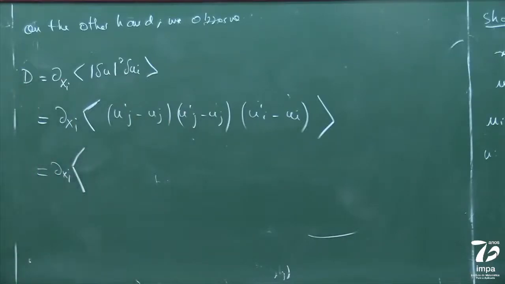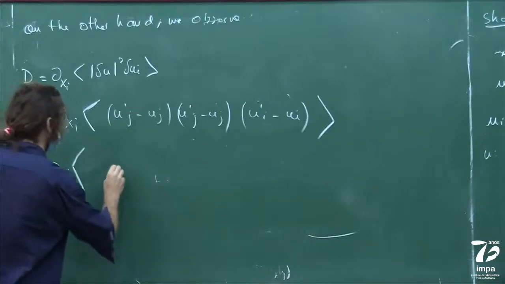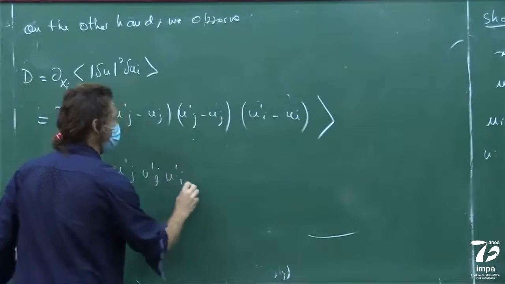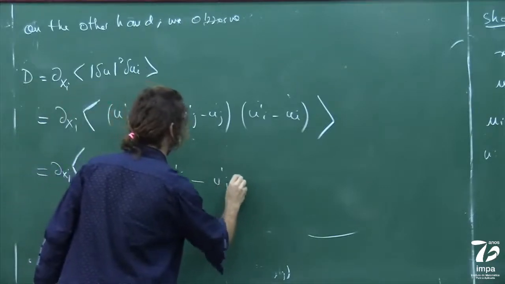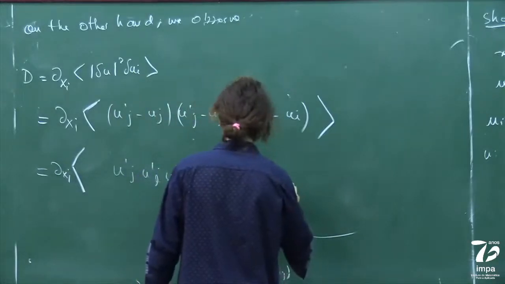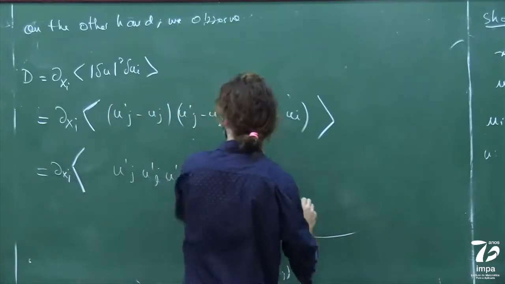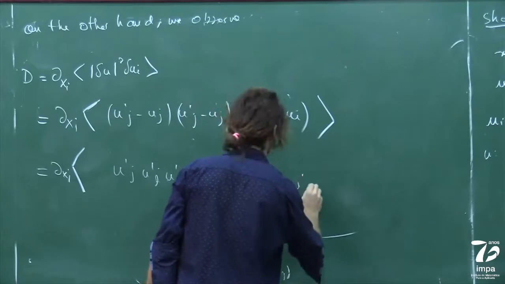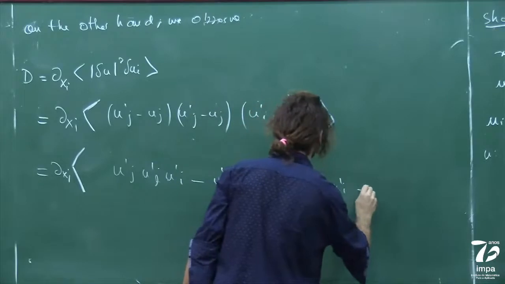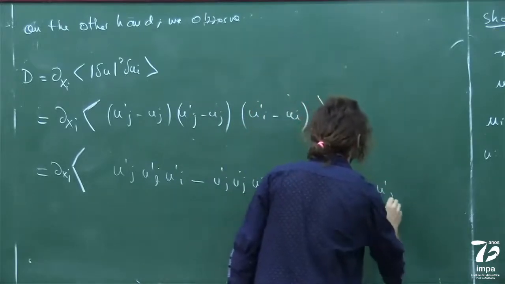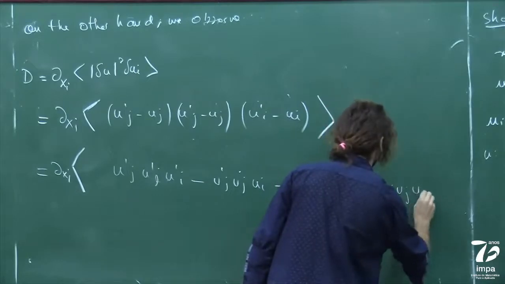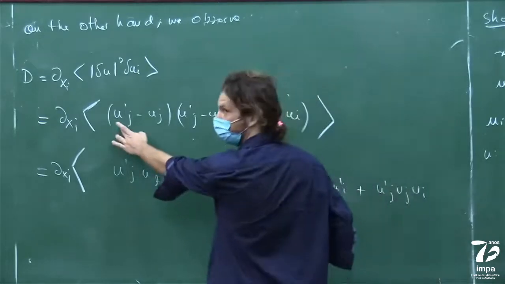And there will be some terms. U prime j u prime i minus u prime j ui minus uj u prime i plus uj ui. So I have expanded with respect to this variable.